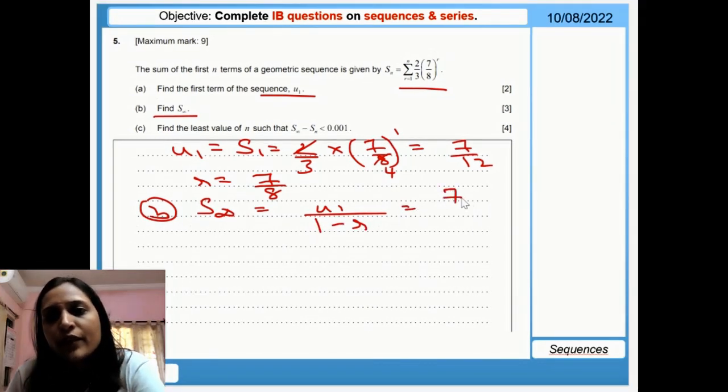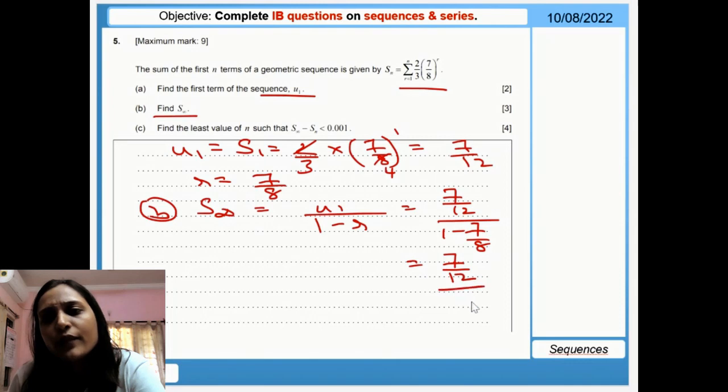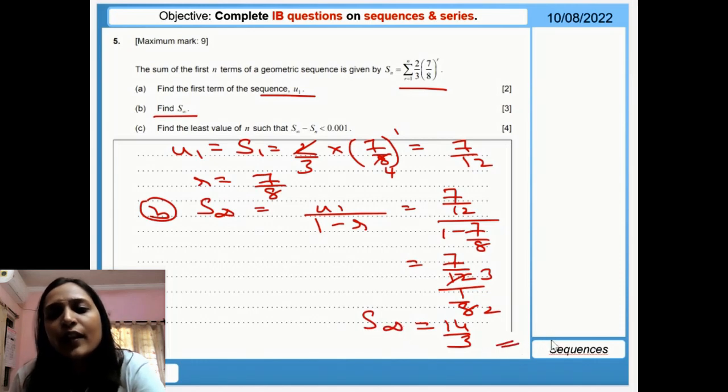So we have 7 by 12 divided by 1 minus 7 by 8, which would be 7 by 12 divided by 1 by 8. And then we know that 4 would go into this 3 times, 2 times, and 2 goes on top. So the sum of infinite terms would be 14 by 3.